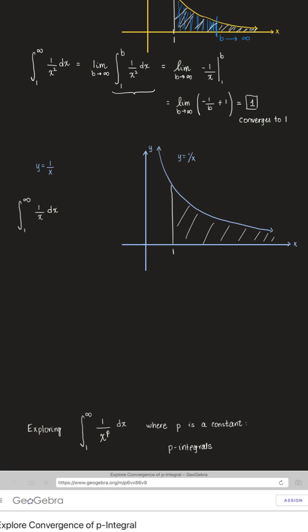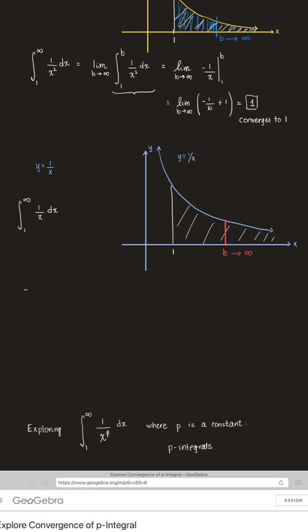We're going to find an expression for the area beneath the function from 1 to b, and then we're going to let b get arbitrarily large towards infinity, and that will also involve a limit. So let's calculate this.